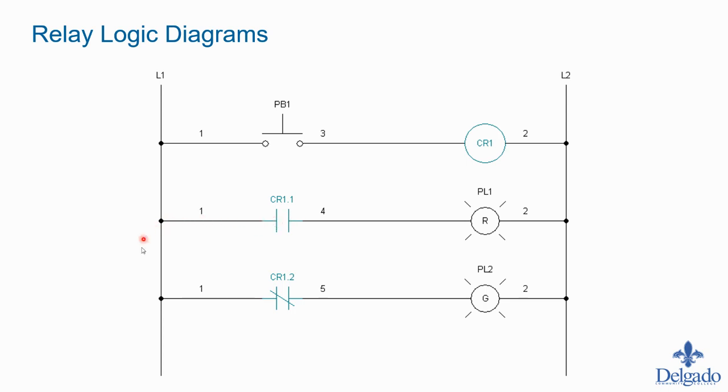So we kind of come on down to the next rung, rung 3. We come to this device, again, CR1.2, that means it refers to CR1, and this is a normally closed contact, which means that when this relay is not energized, this contact is closed and is actually passing power.